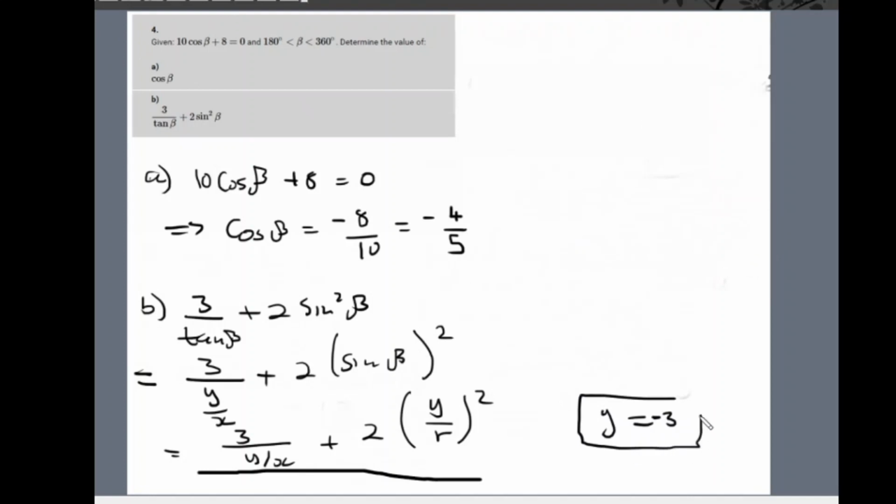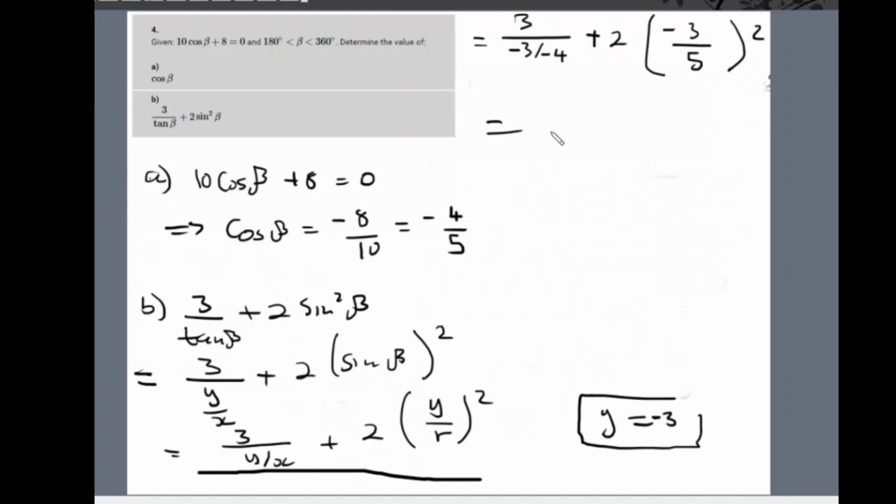Okay, so now we substitute our values and continue with this expression. We'll have 3 divided by, x is -4 and y is -3, so -3 over -4, plus 2 times y over r, y is -3, r is 5, all squared.